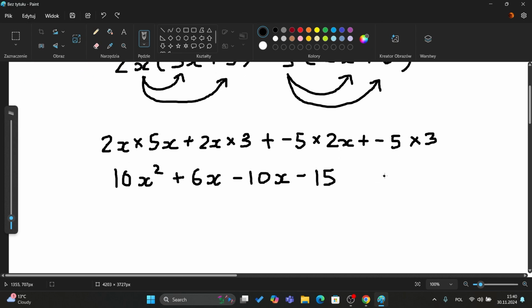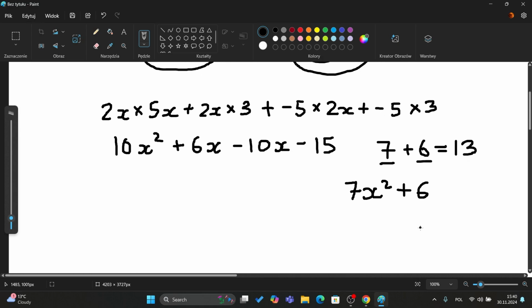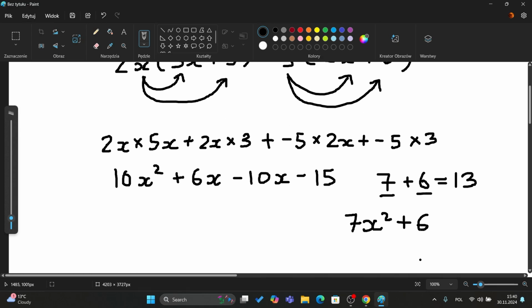Now what do I mean by like terms? So basically 7 plus 6 can be added together, which is 13. They like each other. Now 7x squared plus 6 cannot be added together because they're not the same. They don't like each other.